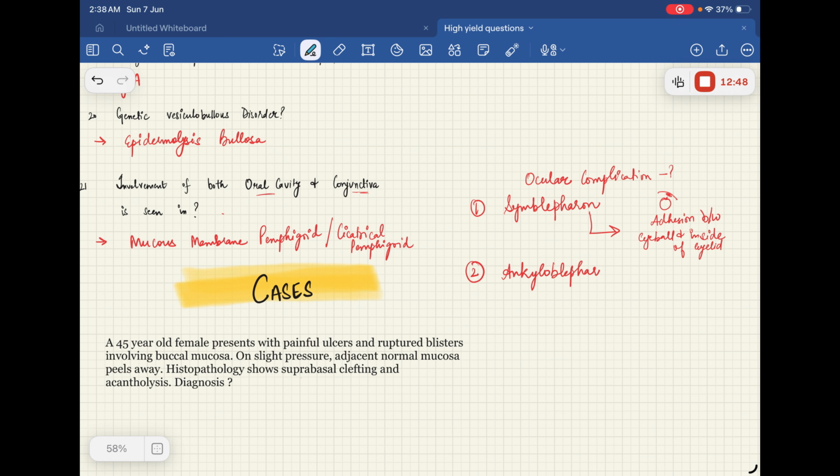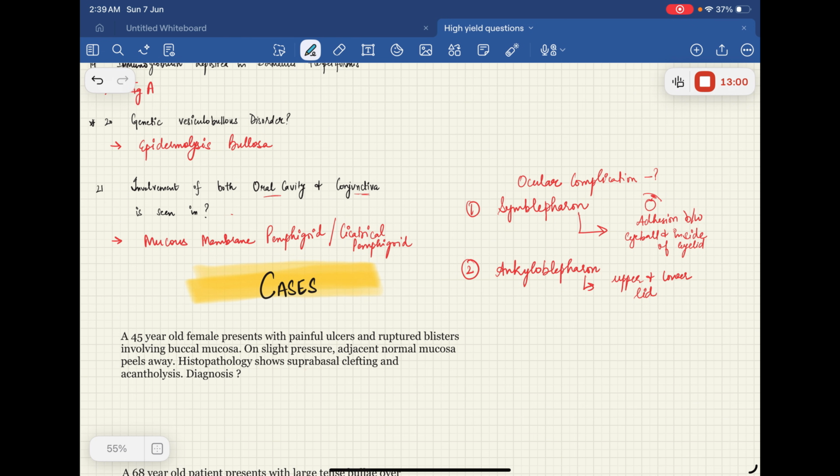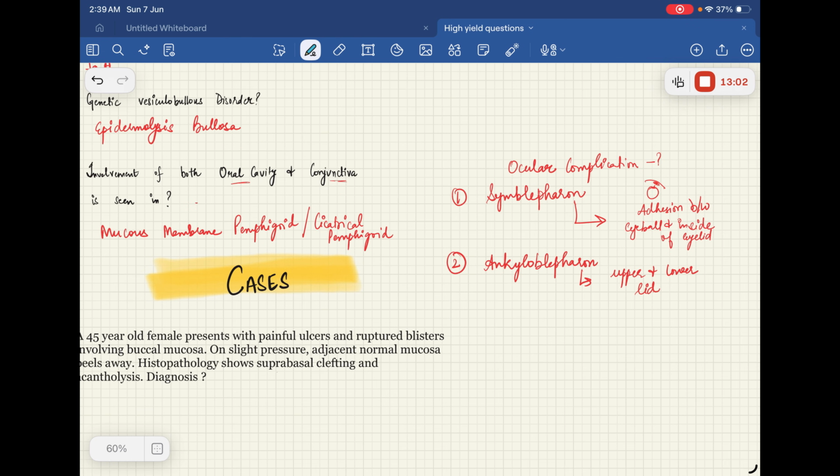What happens here is that the upper and the lower eyelid get stuck together, or adhesion occurs between the upper and the lower eyelid.